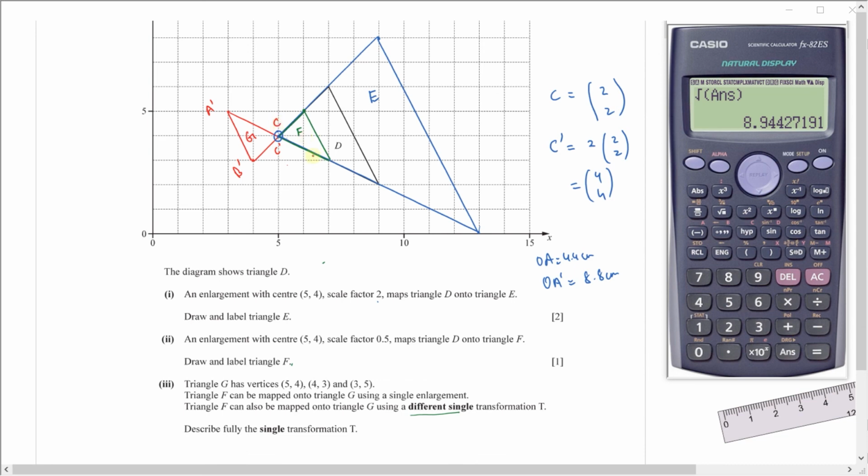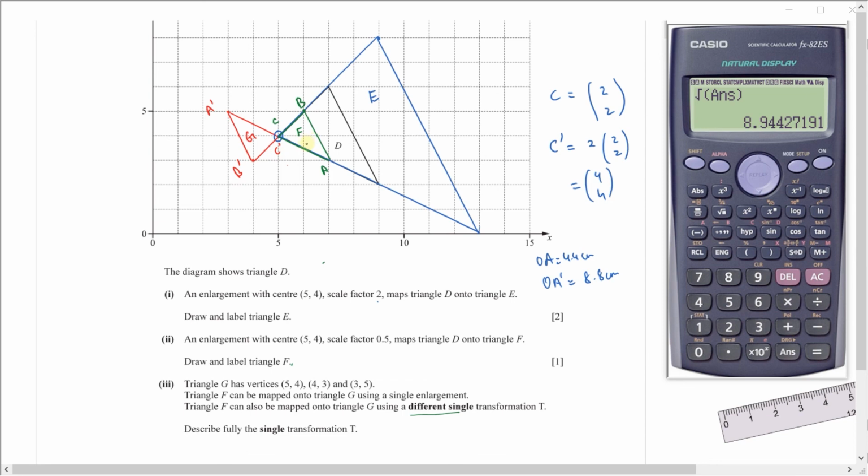C will be also the same. So this is A. Let me write this in green. So this point is C, this is A, and this is B. So A is mapped onto A dash, B is mapped onto B dash, and so on.